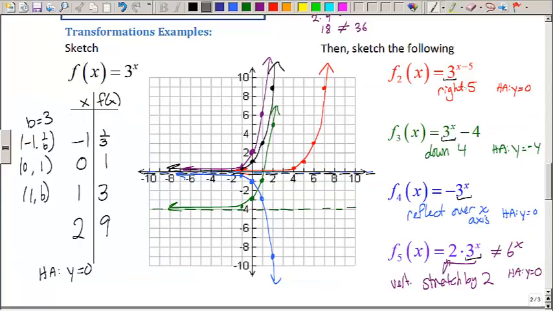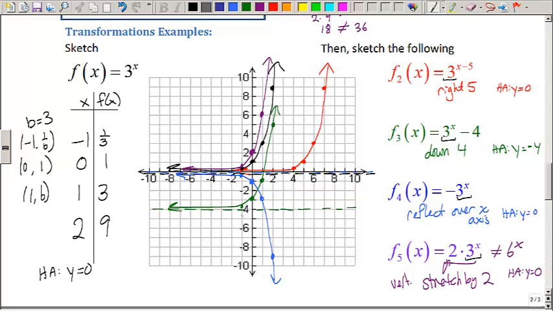Take a look at all 4 of these transformations from the black parent function. Notice on all 4 of them, there's only one graph that changed your horizontal asymptote. All the other horizontal asymptotes stayed at the x-axis, which was the horizontal asymptote of your parent function. The only one that changed was the vertical shift of down 4.